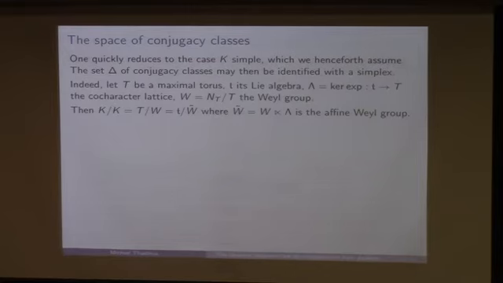And so it's really a quotient of this vector space by W tilde, the affine Weyl group, which is the semi-direct product of the co-character lattice and the Weyl group, acting by reflections in affine hyperplanes. And a fundamental domain is the so-called Weyl alcove, and that's a simplex.